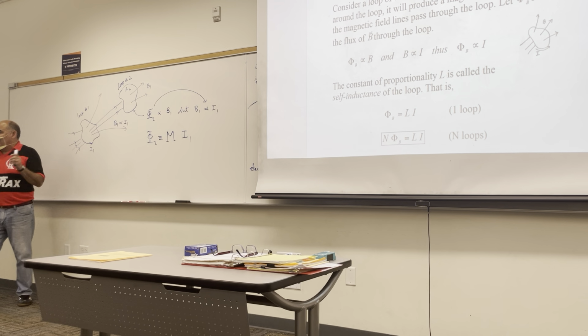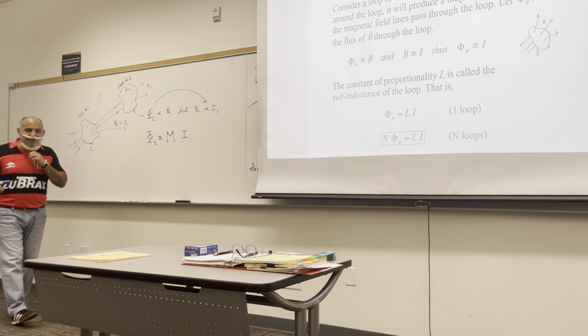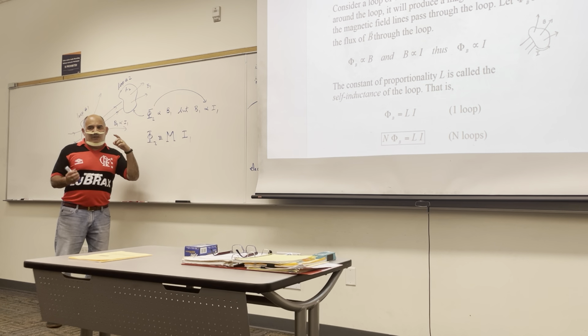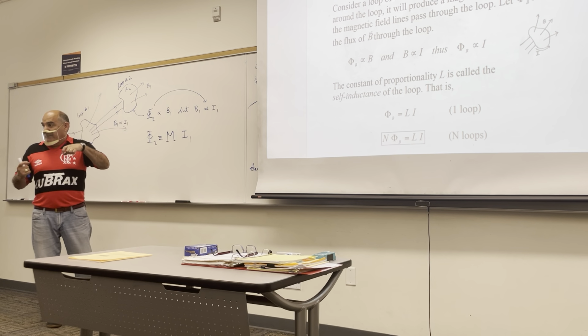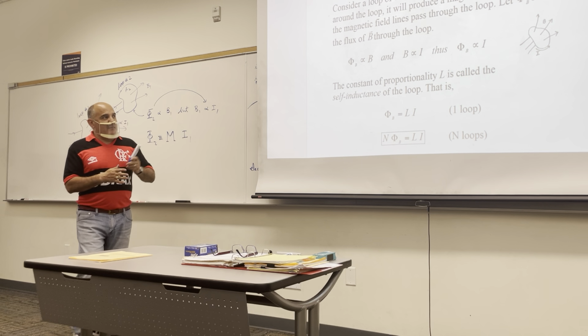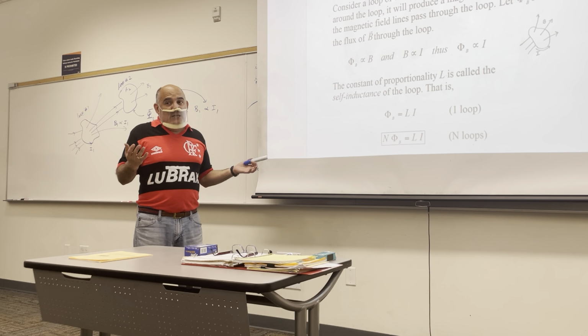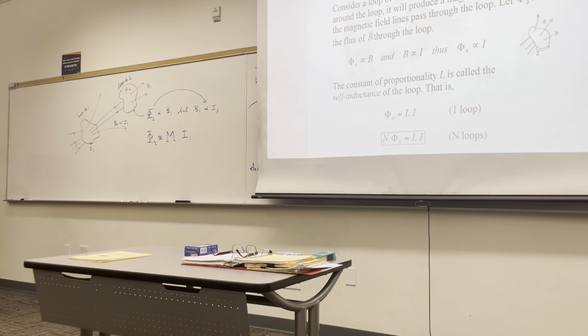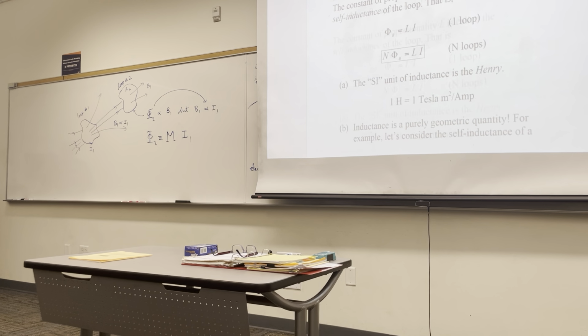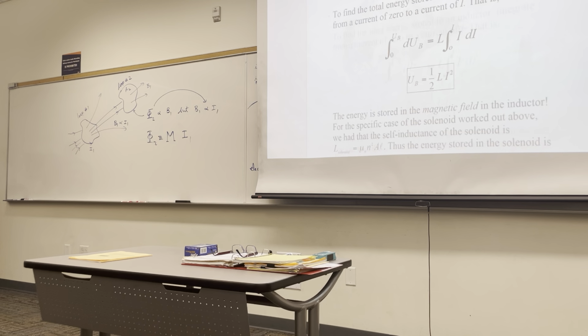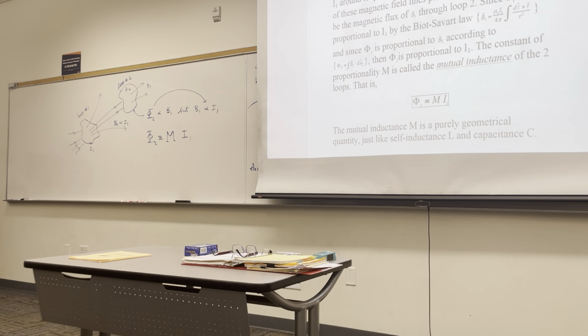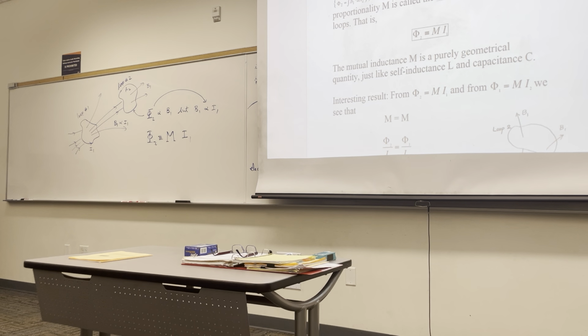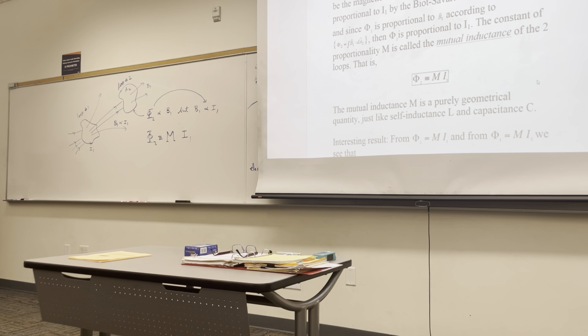It's a purely geometrical quantity that involves the geometry of both loops. In the other case, it was just the geometry of the only loop in the problem, called self-inductance. So phi 2 equals M I1.